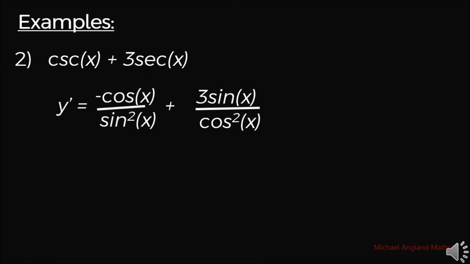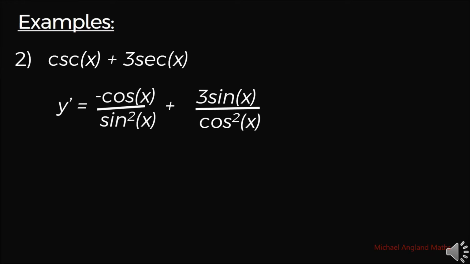Continuing on from where we got up to in the previous slide, y dash is equal to minus cosine x over sine squared x plus 3 times sine x over cos squared x. So the next step here is to separate each of those terms. We've got 2 terms in that summation there. We want to separate them out.